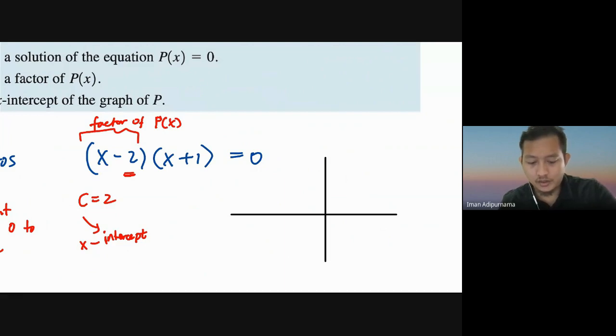When you have, for example, this one, you have 1, 2, it's crossing directly two points here, right? Because you have two solutions. So the solutions, if you are factoring the quadratic function, are the ones making the intercepts on the x-axis, right?